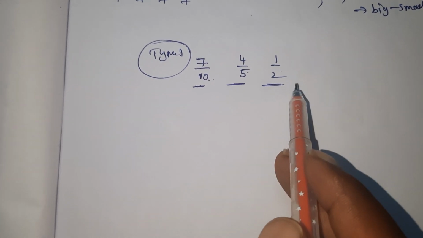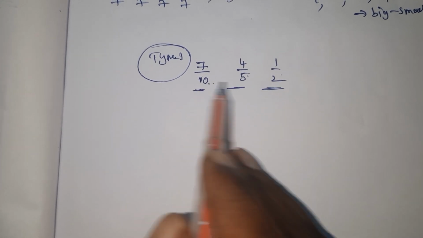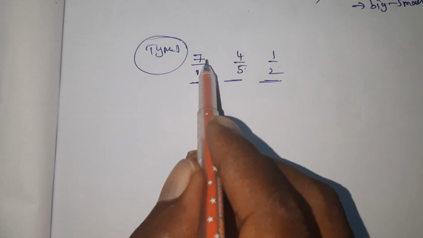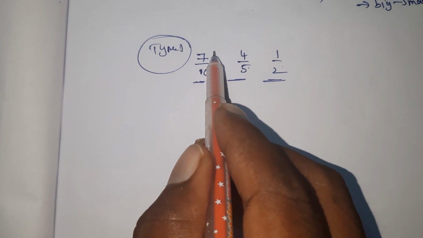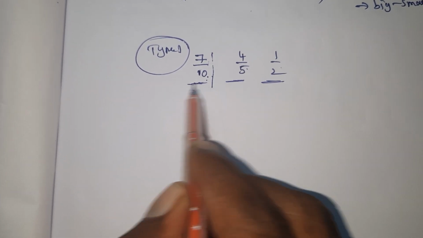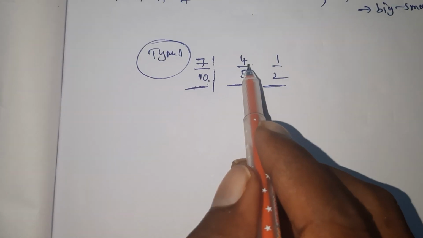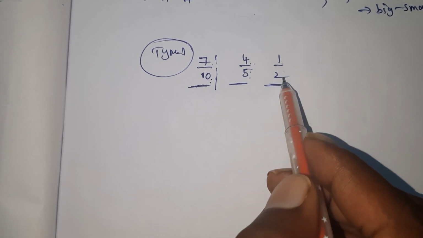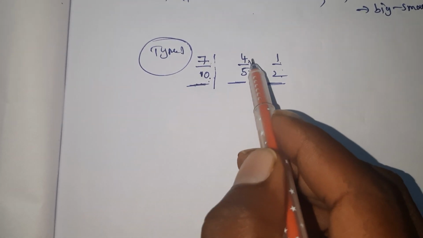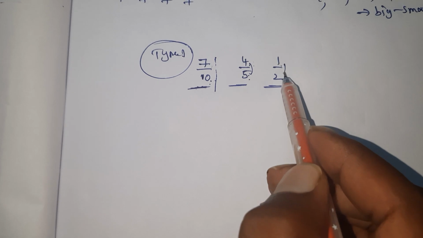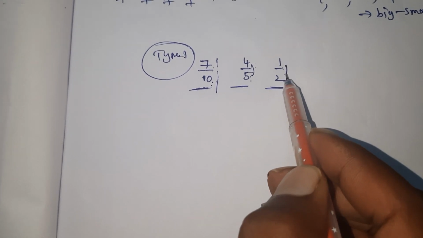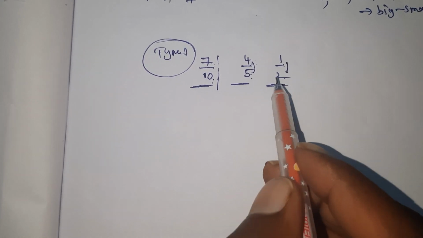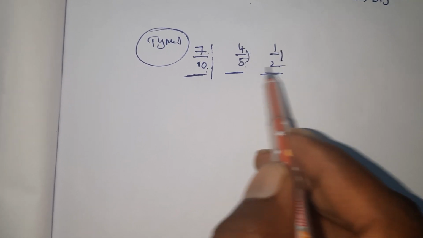So here that condition is not applicable. So how to do it? Simply leave the 7 by 10 fraction first. If you observe 4 by 5 and 1 by 2, the difference of numerator and denominator is 1 here, and here also it is 1. Here our rule is applicable between these two fractions only.